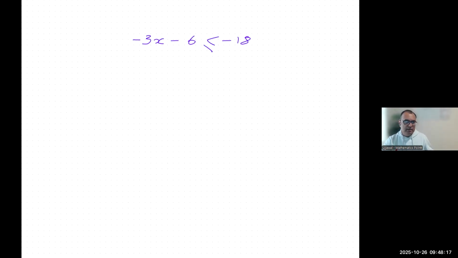Right. Tell me which number should I get rid of first? Good job. -6. So this -6, what is it doing to the whole expression on the left?